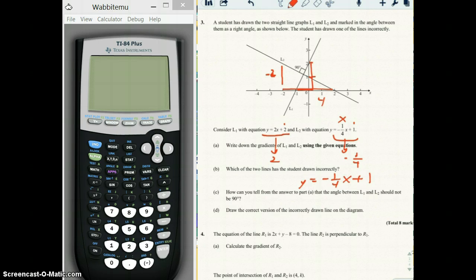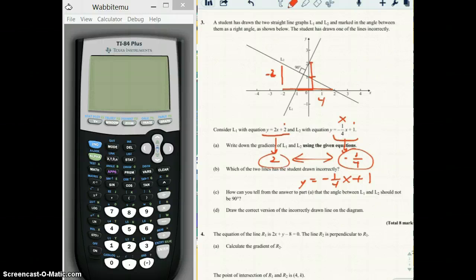How can you tell from the answer to part A that the angle between L1 and L2 should not be 90 degrees? Well, if these two lines were perpendicular, then we should have negative reciprocals here, and we don't, right?